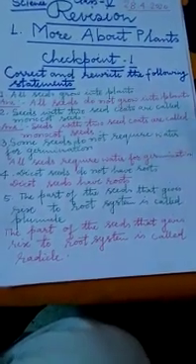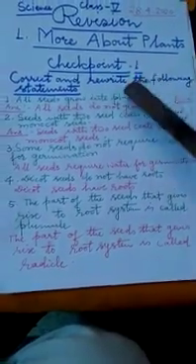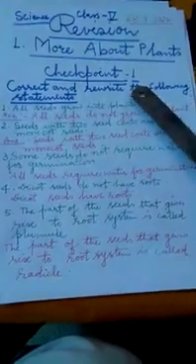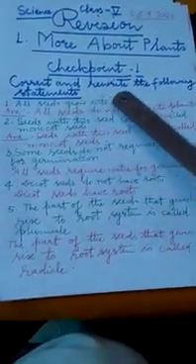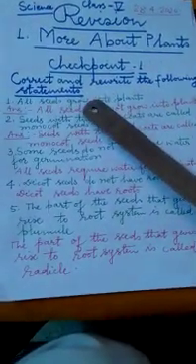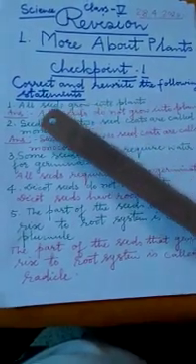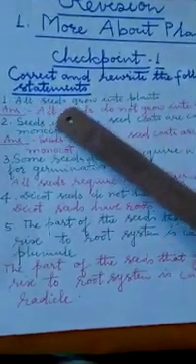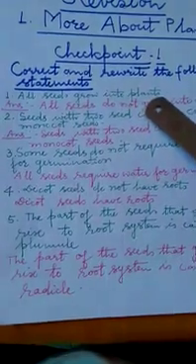But look at page number 6, where the first checkpoint is given. Correct and rewrite the following statements. So children, look at the first statement: all seeds grow into plants.